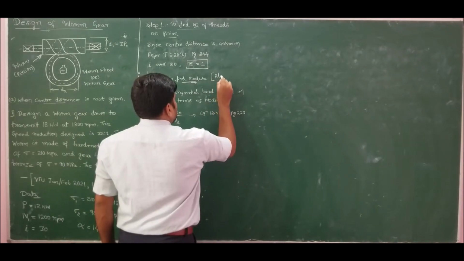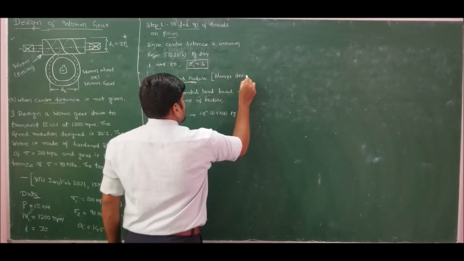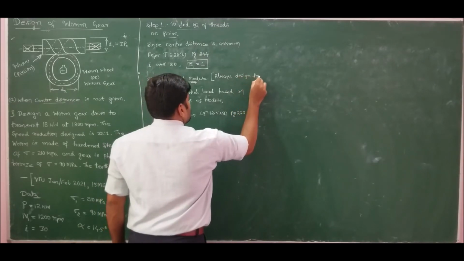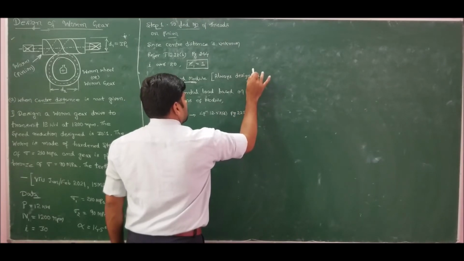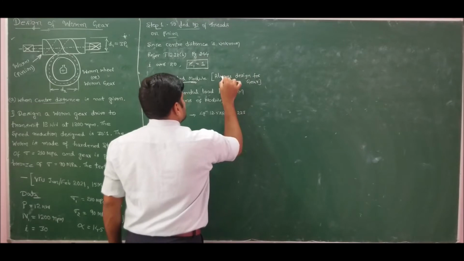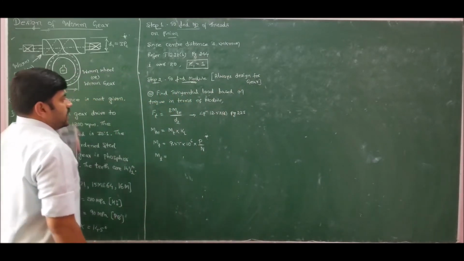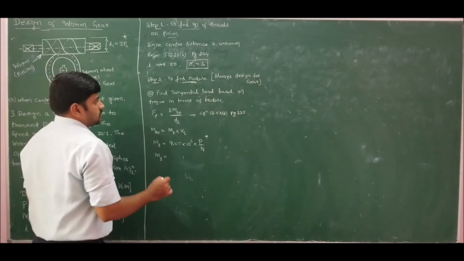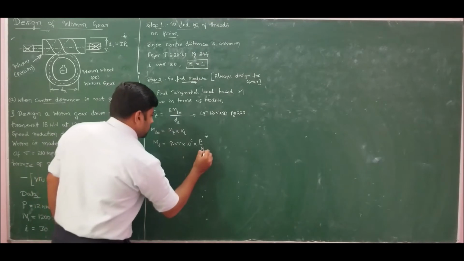So kindly make a note, always design for worm gear, because in a worm gearing arrangement, the worm is always the driving member. So the worm gear is the driven and the weaker member. Therefore I should find the value of N2.